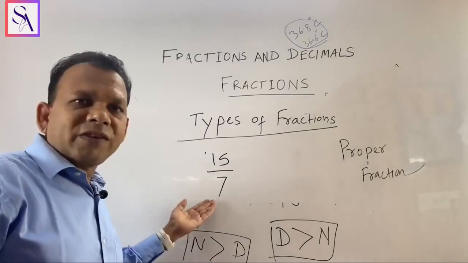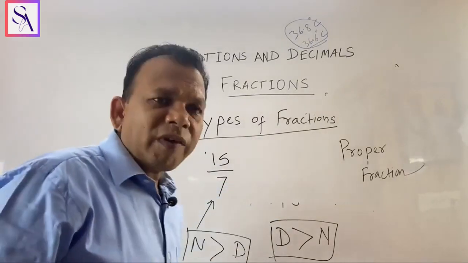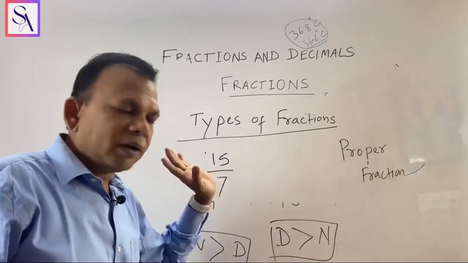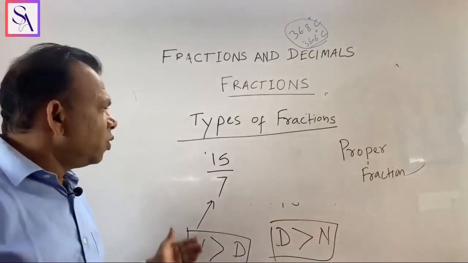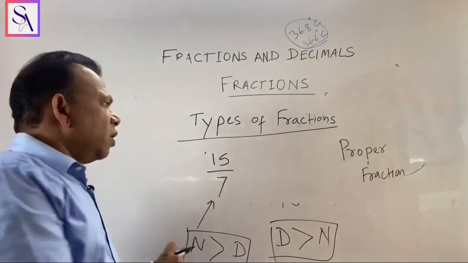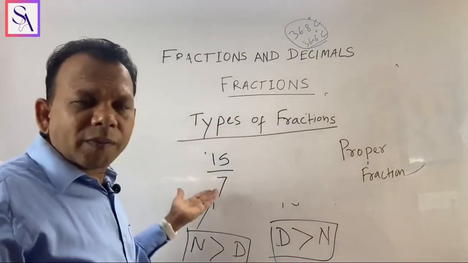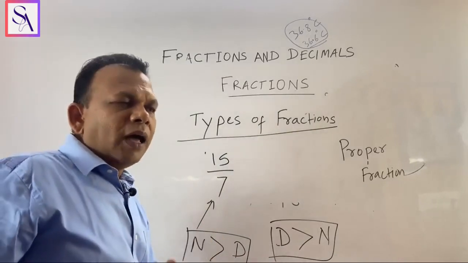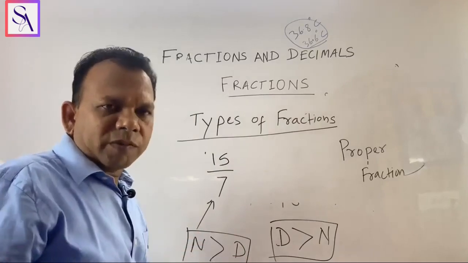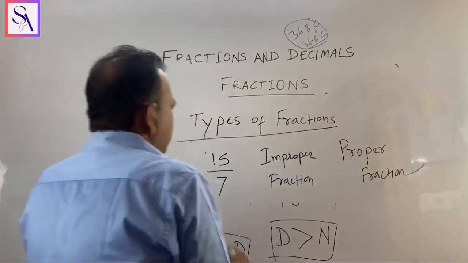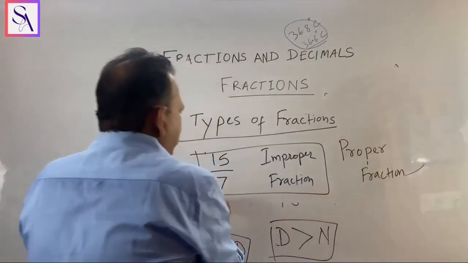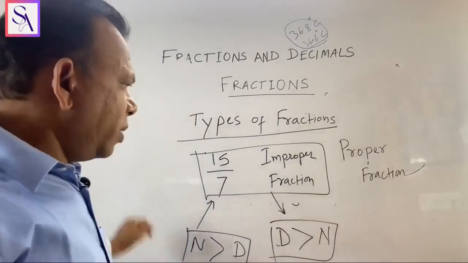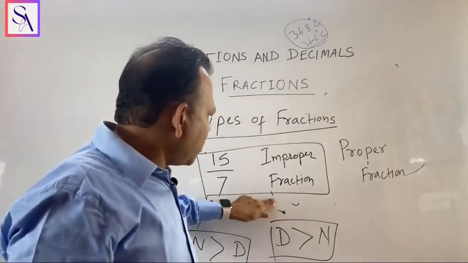So it is also a fraction. But this is not a proper fraction, because proper fraction follows the law, denominator is greater than numerator. Here the reverse is there. That's why this fraction is not proper. Not proper has another synonym in English, improper. So this is an improper fraction. Why? Because it does not follow this law, denominator greater than numerator. That's why it is improper fraction.